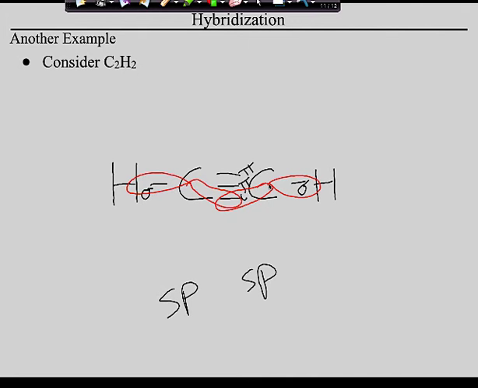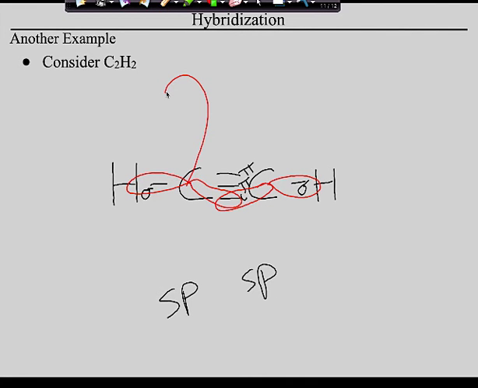But if we could again show the website with the video, we've got the 1s and the 3 p's. And then as they hybridize, what happened to the p's first? 2 of them faded away, right? It was just 1s and 1p.